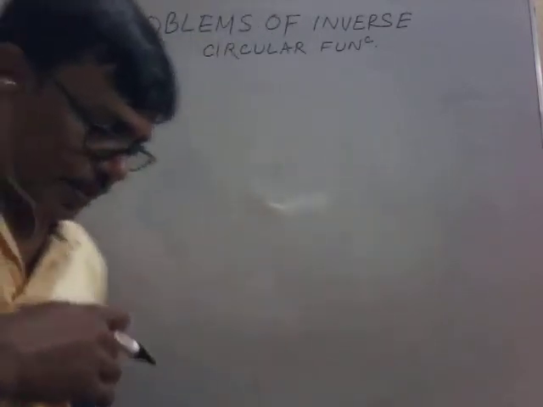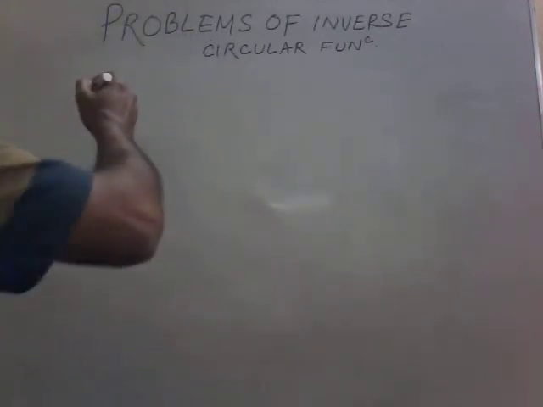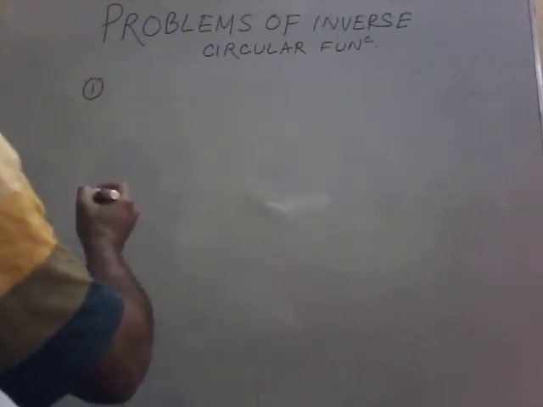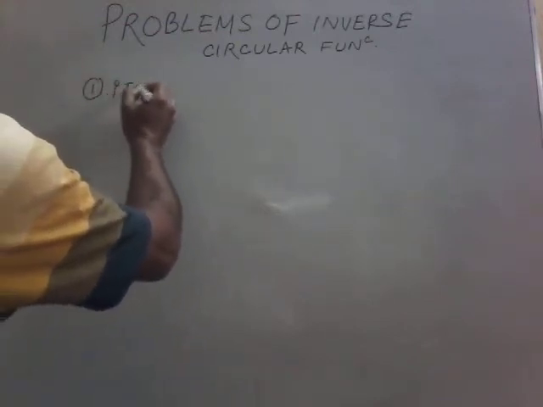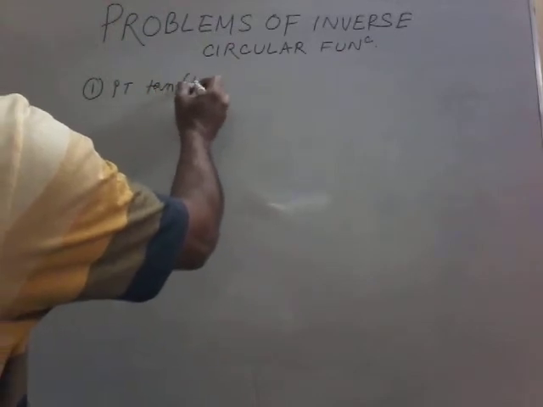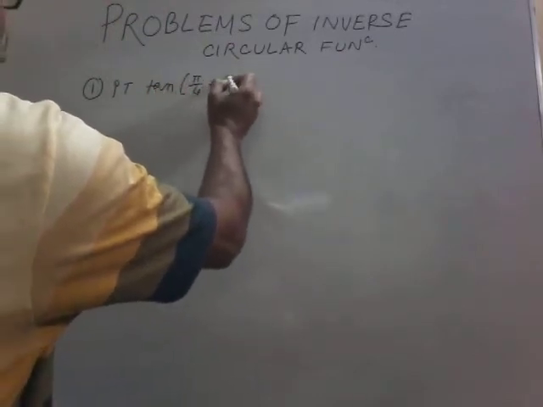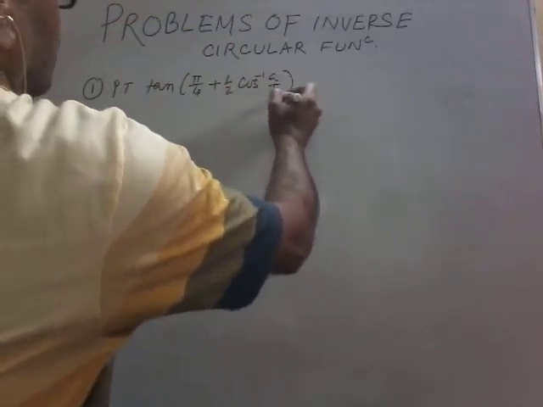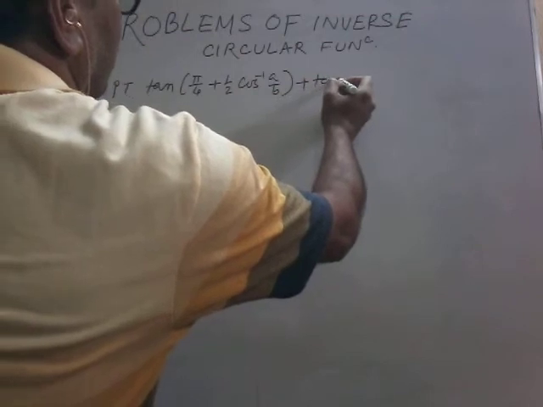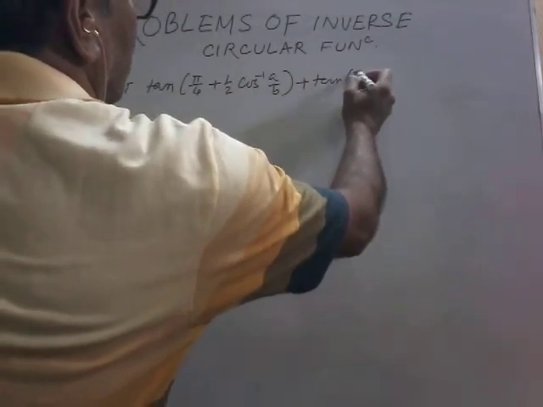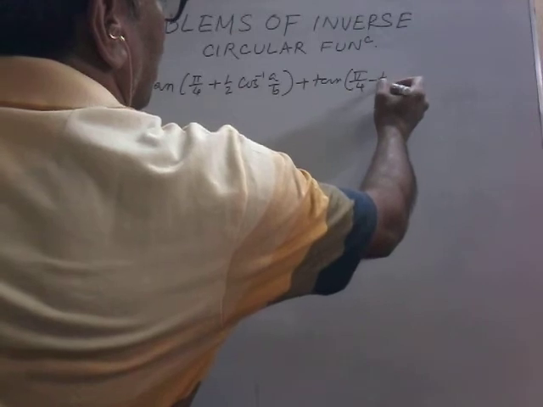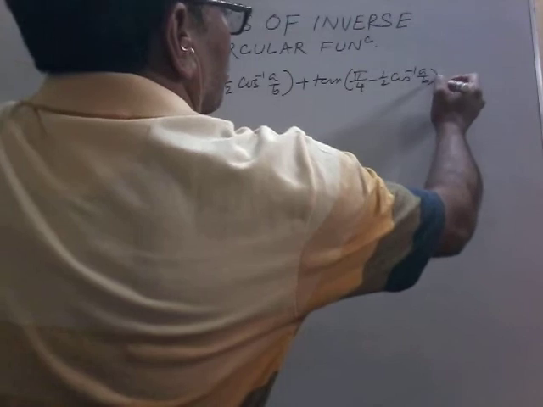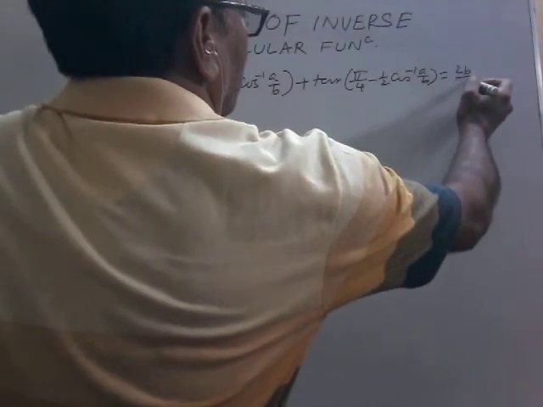Suppose this is problem number 1. Prove that tan(pi by 4 plus half cos inverse a by b) plus tan(pi by 4 minus half cos inverse a by b) equals 2b by a.